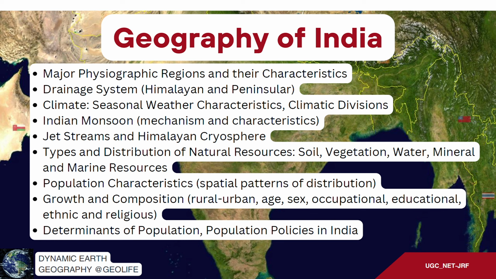Then jet streams and Himalayan cryosphere types, and the distribution of natural resources like soil, vegetation, water, minerals, and marine resources. Population characteristics like spatial pattern of distribution, then growth and composition, like rural, urban, age, sex, occupational, educational, ethnic, and regional groups, and the determinants of population like population policies in India are also important topics in geography of India.